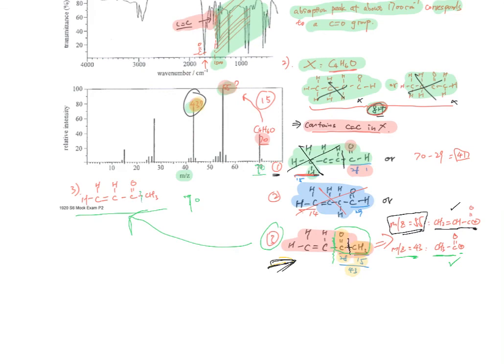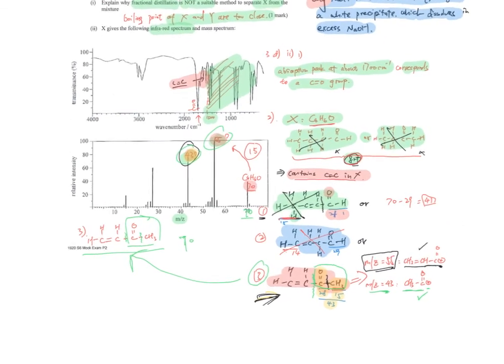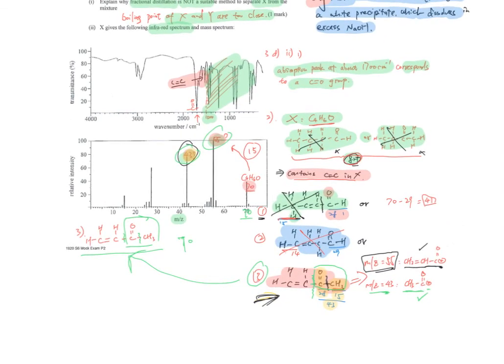When it loses 15, it becomes 55. When it loses 43, it has a fragment at 43. So this is the final answer for this part. I hope you go through this video more than once, so that you can become more familiar with the concept. Okay, thank you.